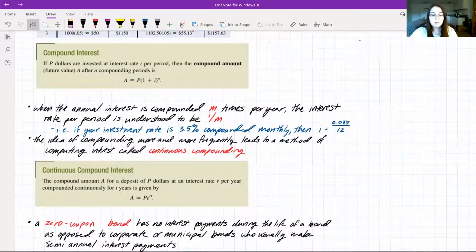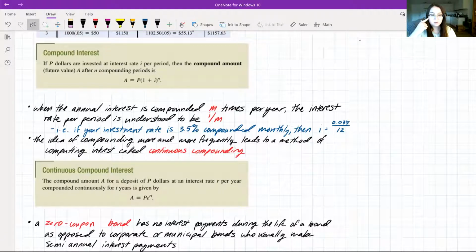Let's say it's quarterly for 10 years. n will be 40, because it's m times t if we're thinking about years. But the interest rate per period will be understood to be I divided by m. So it's your interest rate divided by the number of times compounded per year.